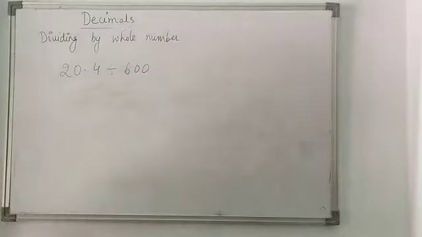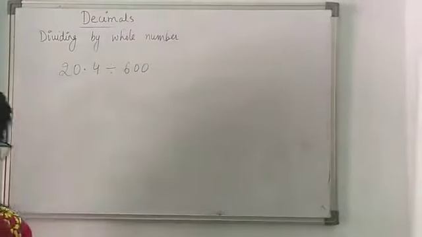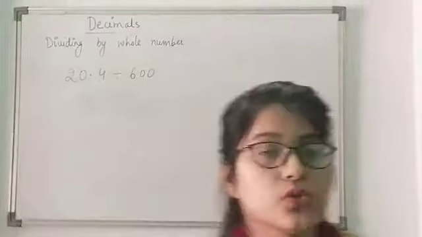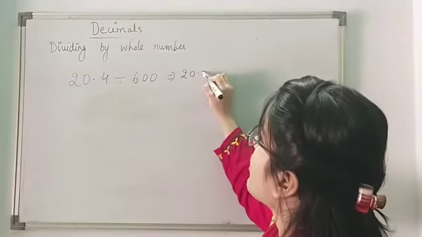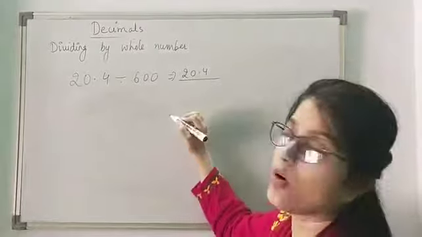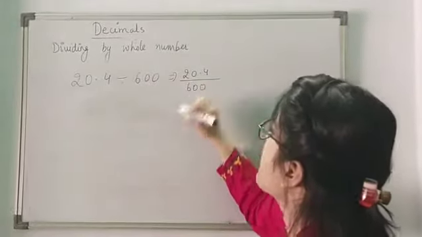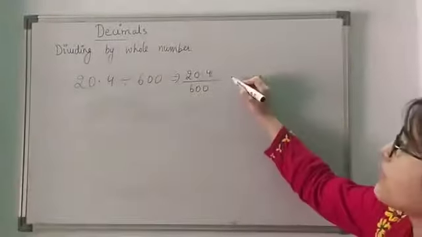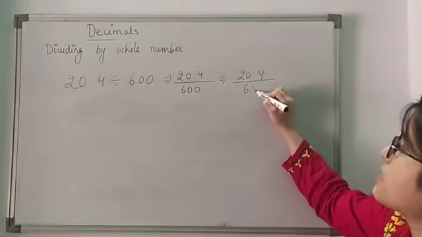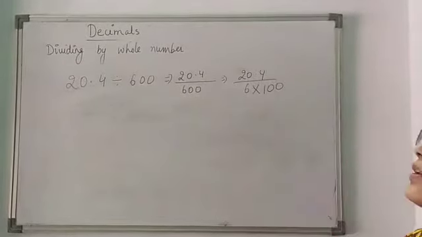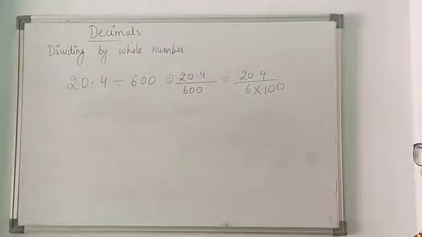Okay, now let's see 20.4 divided by 600. So let's solve this question. I can write 20.4 upon 600. I can write it in this manner also, 20.4 upon 6 into 100. Got it? Why am I doing so?